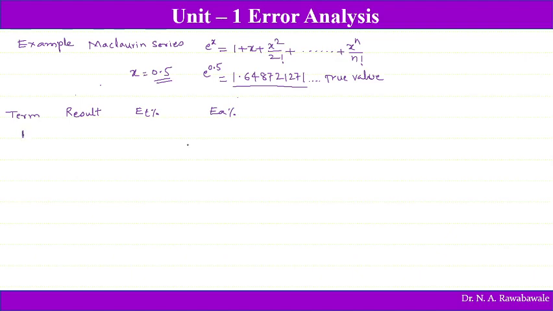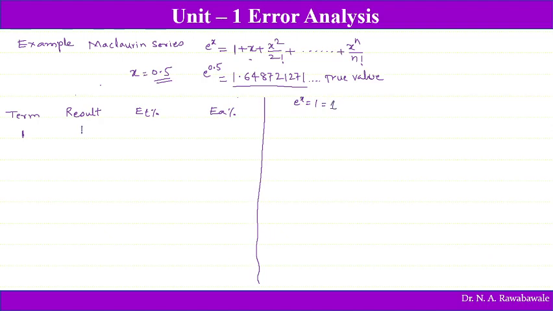What is this one term? This is a Maclaurin series. Taking only one term means we take the first one and neglect the rest of the series. So we consider e to the power of x as equal to 1, and all other terms we neglect. We approximate e to the power of x as 1. Even if we substitute x equal to 0.5, e to the power of 0.5 gives us the answer 1.